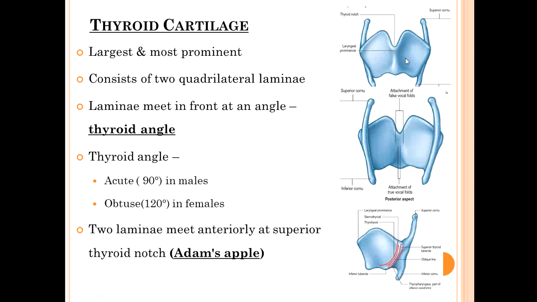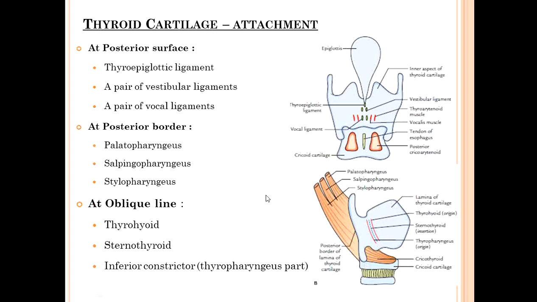This is the superior thyroid notch where these two laminae, this is one and this is two, both are meeting. That is known as Adam's apple, and Adam's apple is prominent in males because the angle is acute.